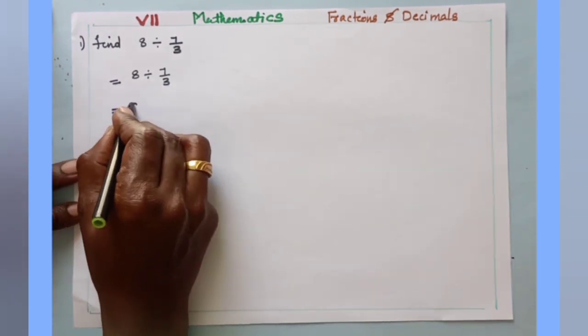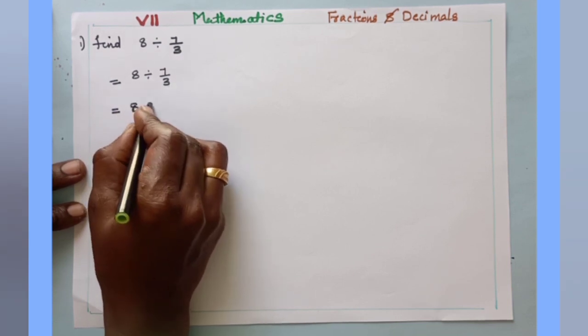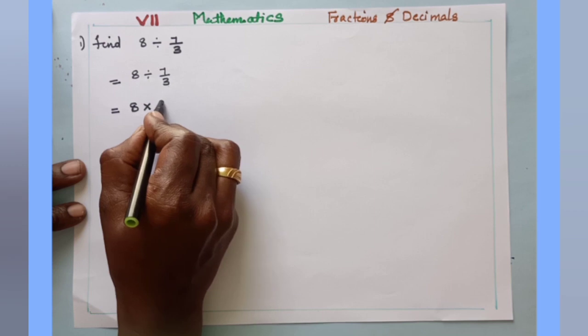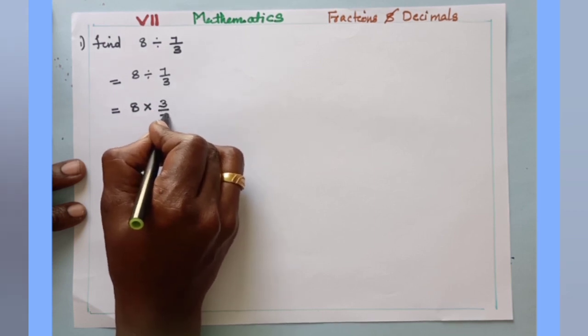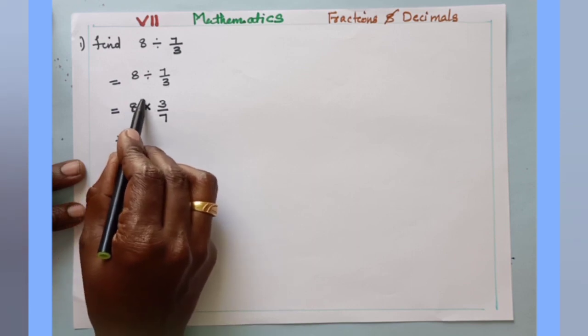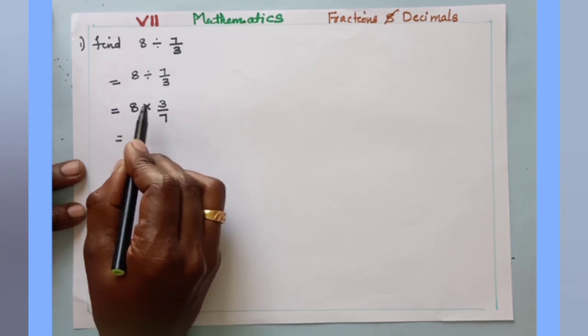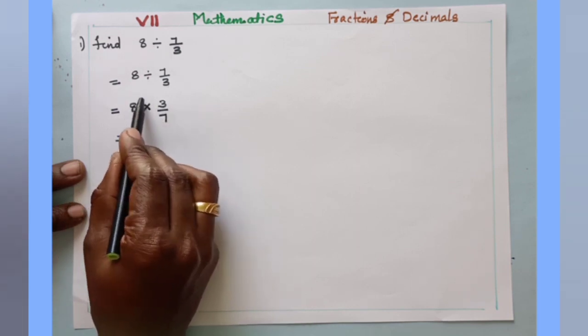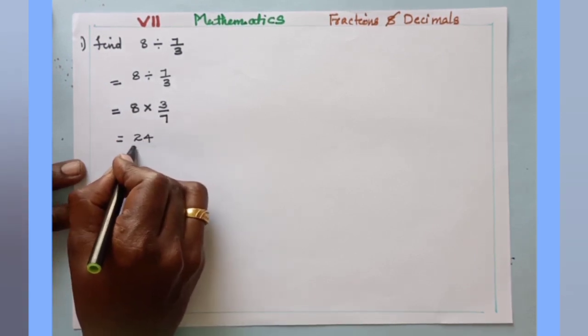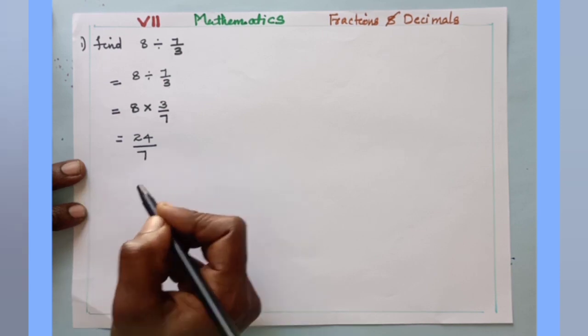Division changes into multiplication. The reciprocal of 7/3 is 3/7. Multiply the whole number into the fraction: product of the numerators, 8 into 3 is 24, over 7.